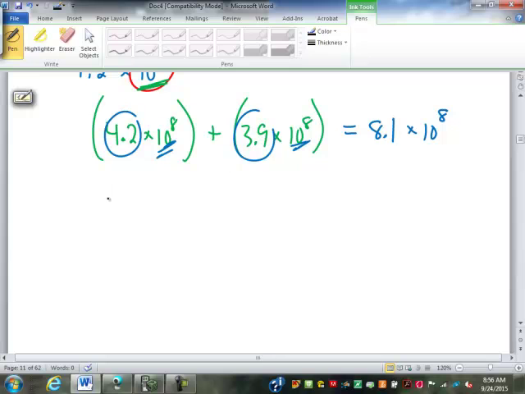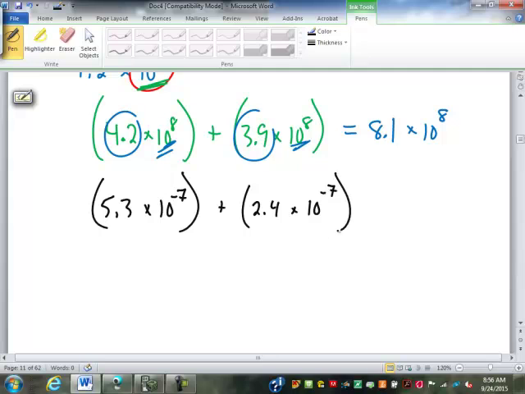So we might have 5.3 times 10 to the negative 7th plus 2.4 times 10 to the negative 7th. They have the same name, so we can combine them. We're going to combine the counts. 5.3 plus 2.4 is 7.7. And we keep the same name, 10 to the negative 7.